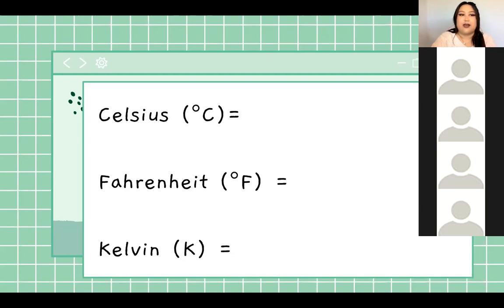Okay, so we have Seth that gave us this: temperature in Fahrenheit, minus 32 over 1.8.